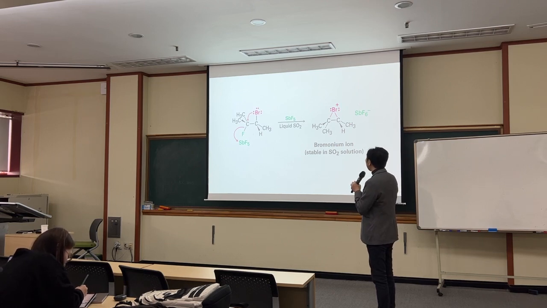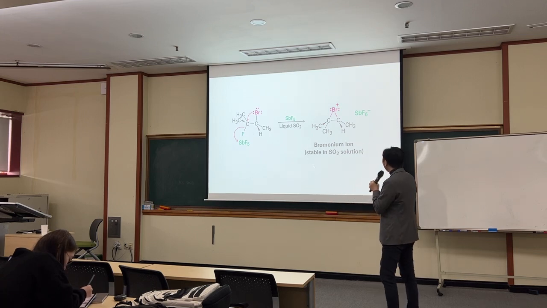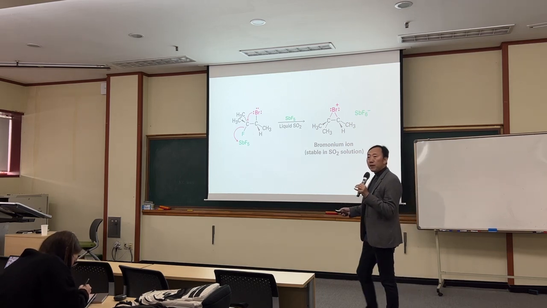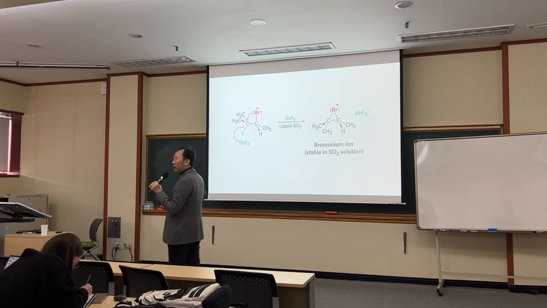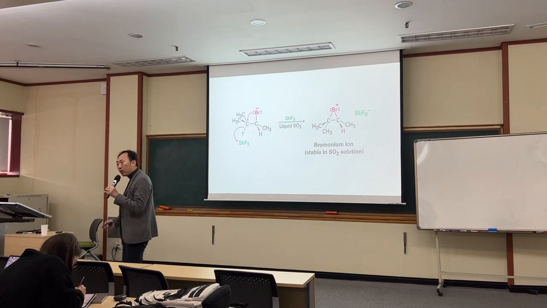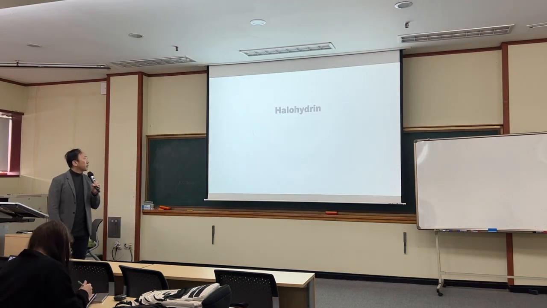The intermediate is formed, and if there is a good nucleophile around, the nucleophile comes from behind, pushes this, and opens this way. If there is halide, then halide attack will happen. If there is a large excess amount of water, then water will attack. That reaction is here.